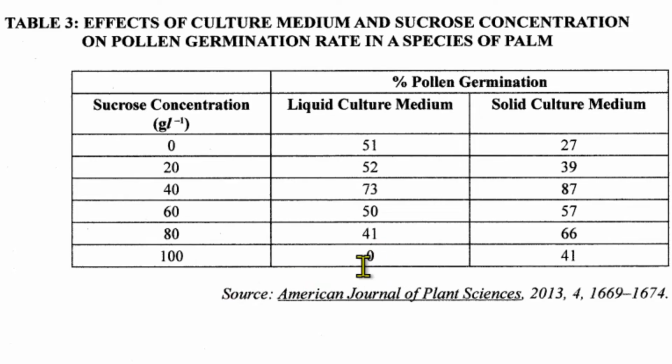So something wrong here with the liquid culture. Solid culture, on the other hand, we could see that the peak is again at 40 grams per liter, and that's 87% germination. It peaks here, and then it sort of goes down, goes up, goes back down. So it sort of fluctuates after 40 grams per liter.